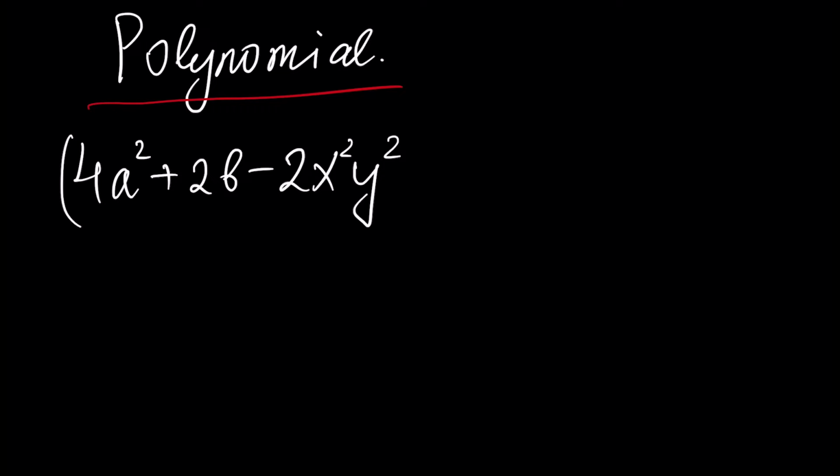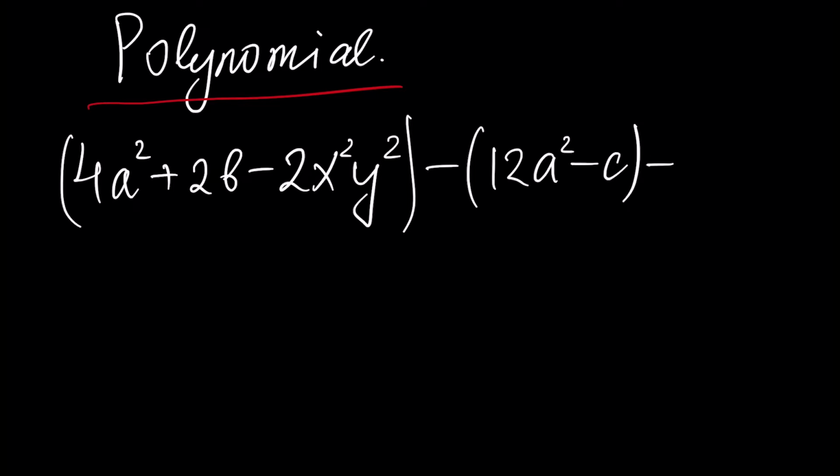For example, let's add this polynomial, a sum of monomials, to a different polynomial, minus 12a squared minus c, and plus 7b minus 2x squared y squared. And let's rewrite our polynomial without brackets.